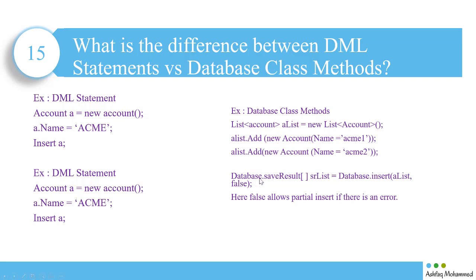Try not to add a mandatory field for that record. Let's say, for example, Name is mandatory. Just don't add anything in the name, so automatically it will throw an error, meaning it will fail. But for the second one, write the name, which is a mandatory field. Then it will insert. So if you give false, Acme1 will not be inserted, and Acme2 will be inserted.